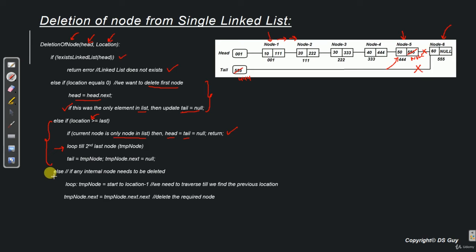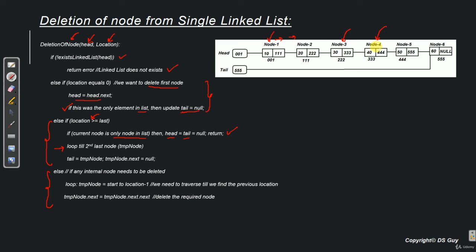Now the third case was that if we want to delete any of the internal nodes, in that case all that we have to do is run a loop from start till the previous location. Let's say if we want to delete node 4, then we start with the first node, go towards right, keep going towards the previous node to the node which we want to delete.